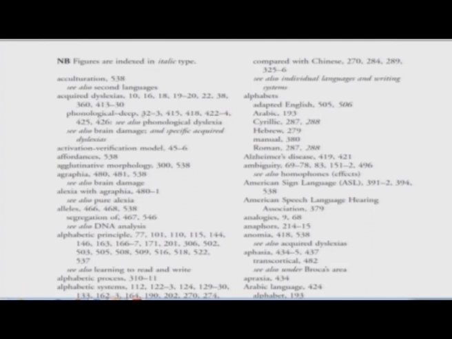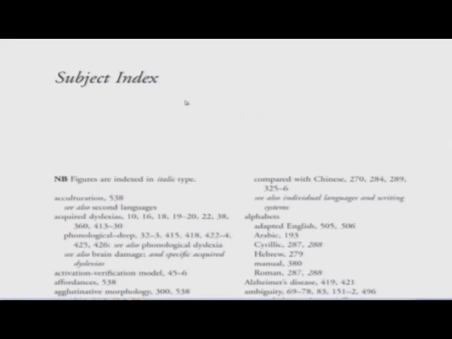For example, here is 32 and it runs also across 33. So, in this way you can use a subject index page to find the specific information you are looking for.